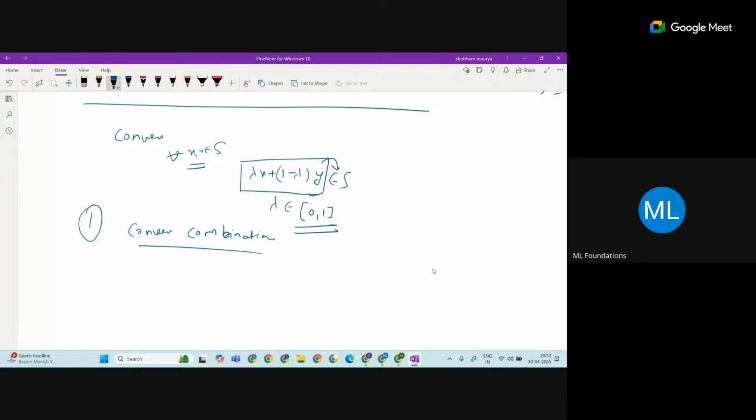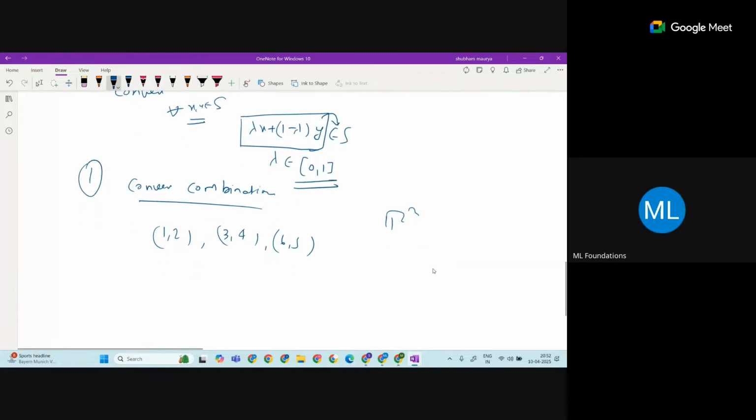So convex combination is, let's say, suppose I have some fixed points. Let's say I'm taking the points (1, 2) in R2, (3, 4), and (6, 5). Let's say I'm taking these fixed points.